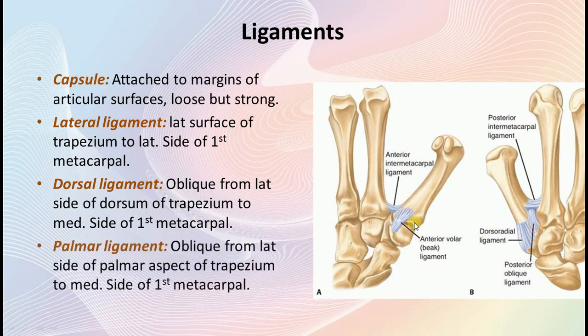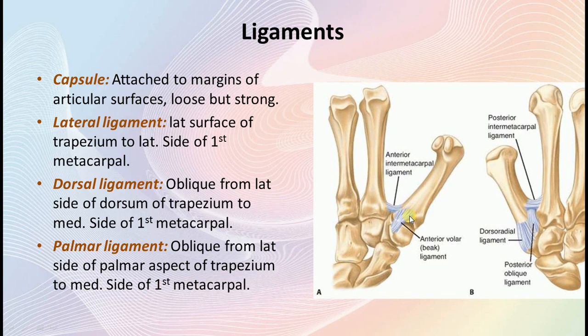Then you have the palmar ligament from the lateral side of the palmar aspect to the medial side. So one is the lateral ligament from the lateral surface of the trapezium to the lateral side of the metacarpal bone.